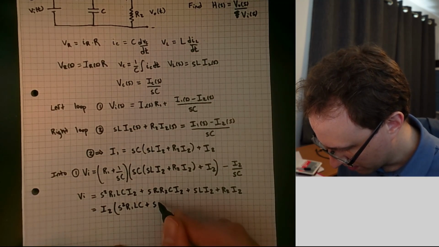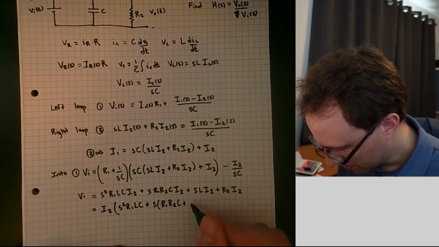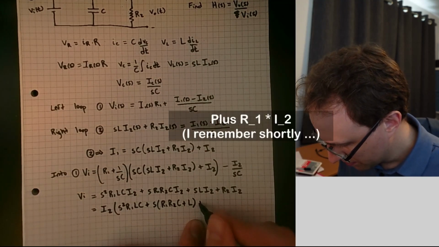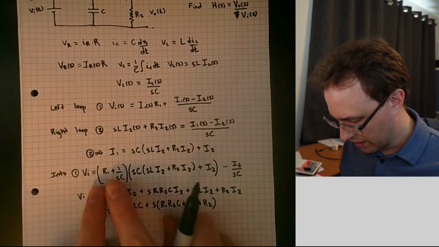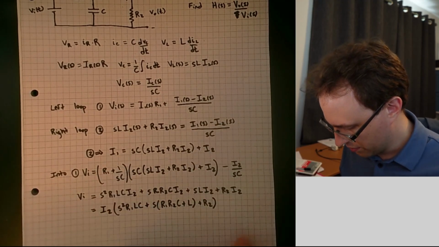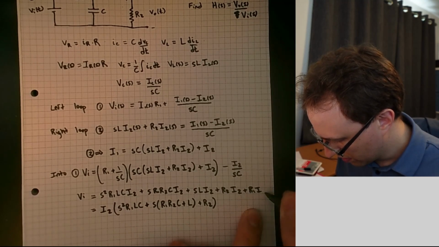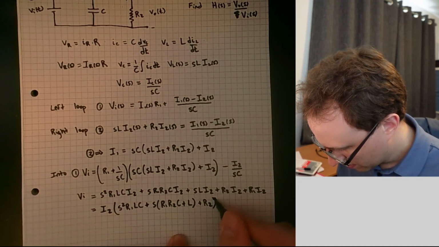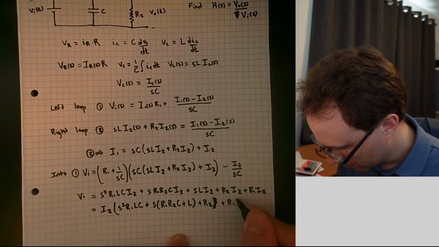So we'll get S outside of R1 R2 C plus L. And then the only other remaining term is plus R2. Okay, we're also missing the R1 times I2 term. So we get also here R1 I2, which when we pull out the I2 here, we get R2 plus R1.